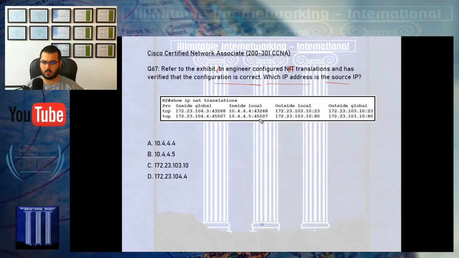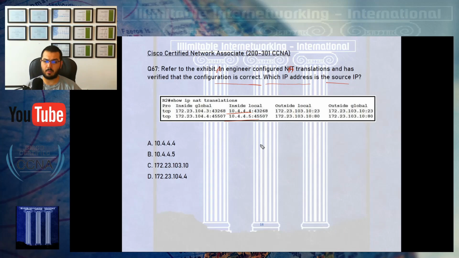Show on this one. Okay, but we have two different. An engineer configured NAT translation and has verified the config is correct. Which IP address is the source IP? Source of what? I have inside local and inside global. Inside local is the private IP address that is used in the company.